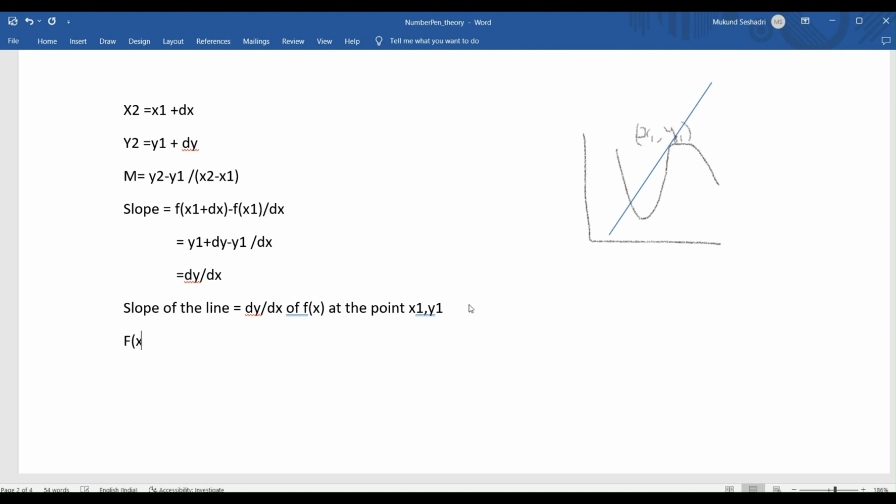So let's take an example. Let's say f of x equals x square. And what I'm going to do is take you through this entire thing again using the above equation.